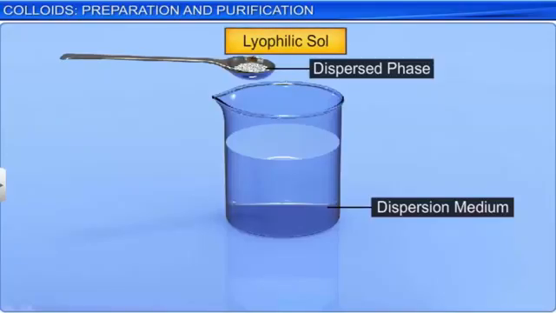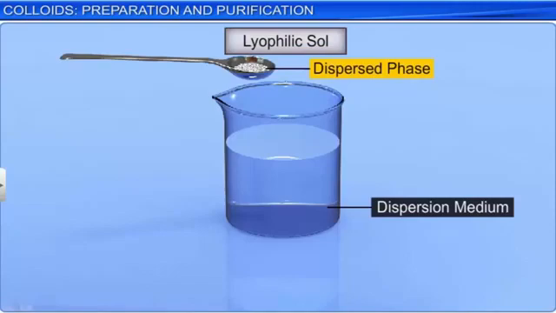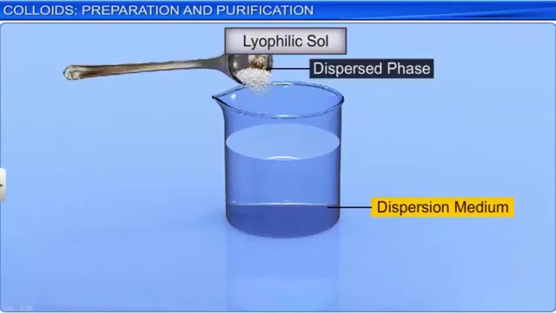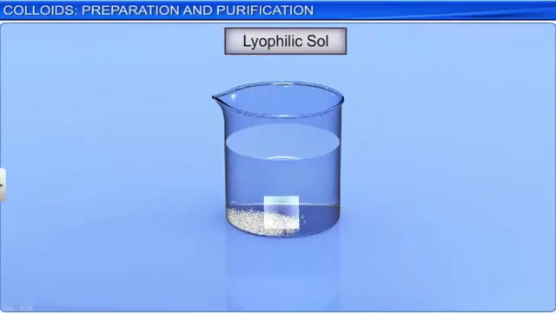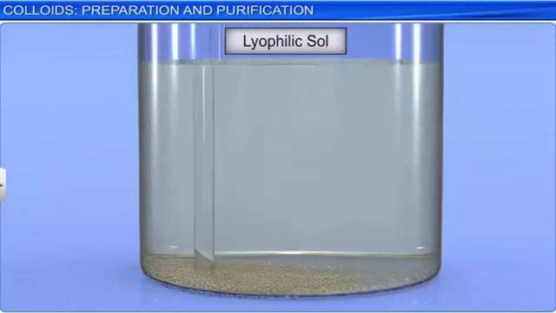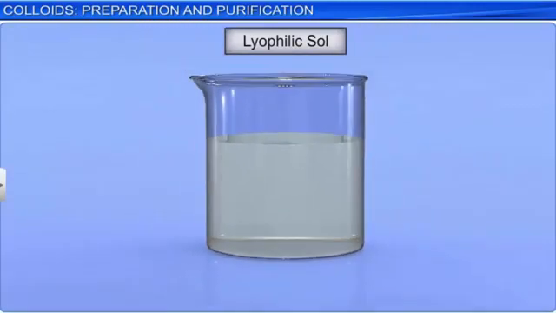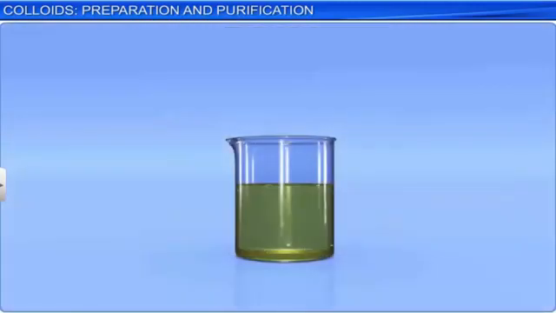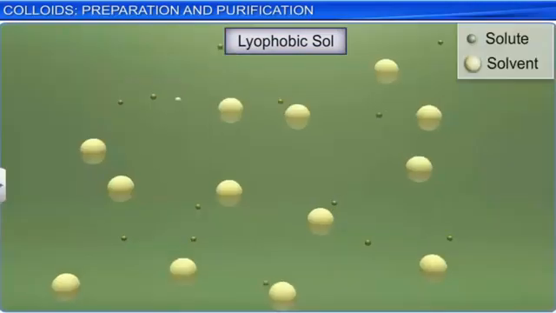Lyophilic sols are readily prepared by mixing the dispersed phase and the dispersion medium. However, lyophobic sols are prepared by special methods, since they have no affinity for the solvent.